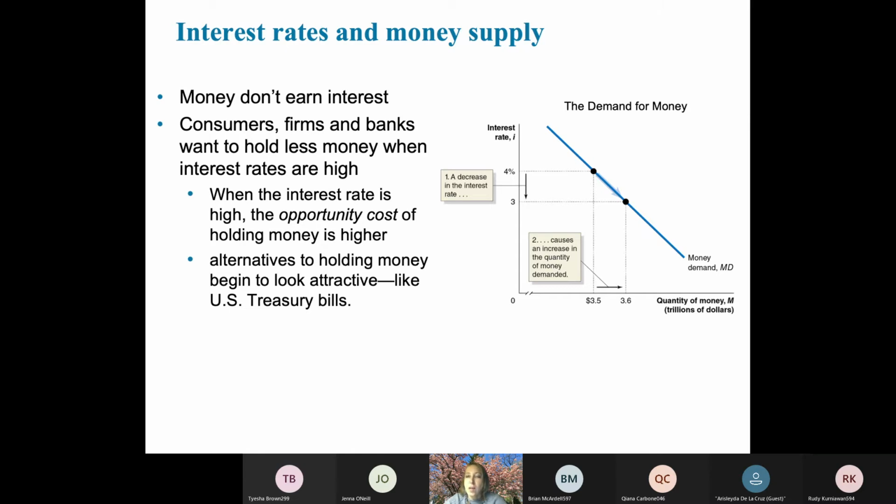The demand for money. Let's think about the market for money in the short run. I think we looked at a similar picture last time, but let's just repeat it one more time. Money is one of the assets out there, and we as individuals, firms, and banks all hold some amount of money, right?